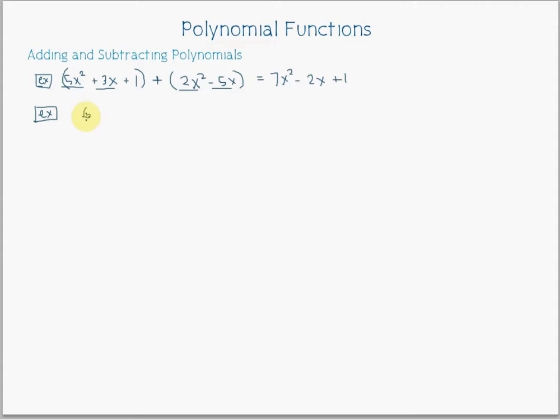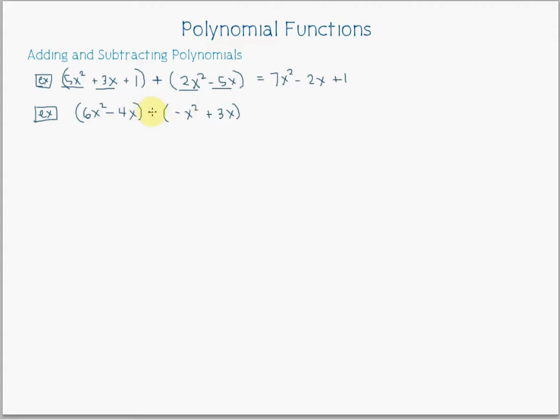Now it does change things a little bit if we take minus, let's say, 4x, and we subtract from this a negative x squared plus 3x. Okay, so now we have sets of parentheses to hold our polynomials together that we're adding or subtracting.